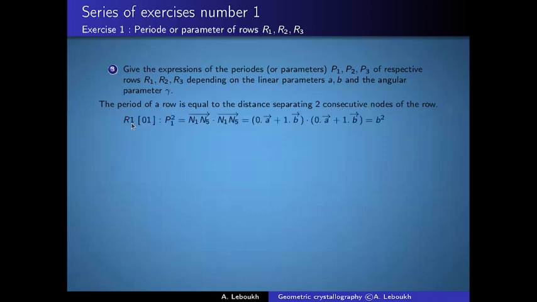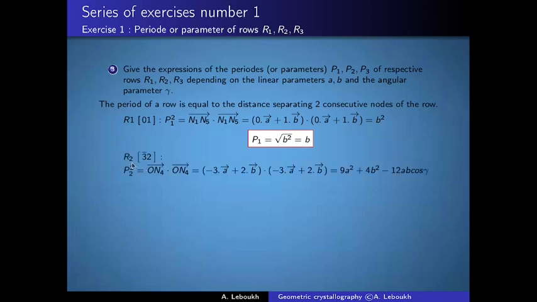Here for row R1, the two consecutive nodes are N1 and N5. For example, we take the vector N1N5 and make the scalar product of this vector with itself, and we find that this product is equal to B squared, and hence P1 equals the square root of B squared, equals B.